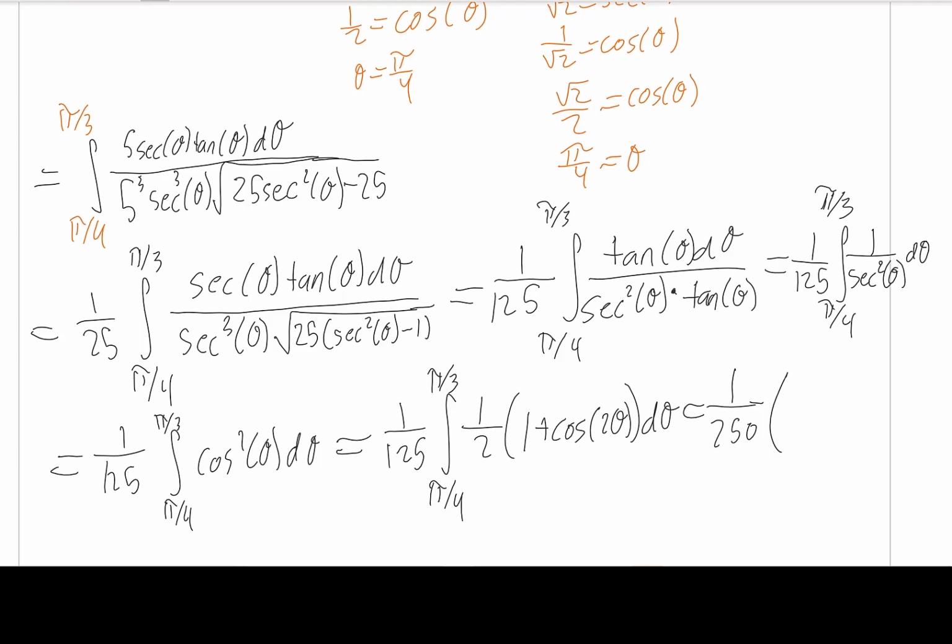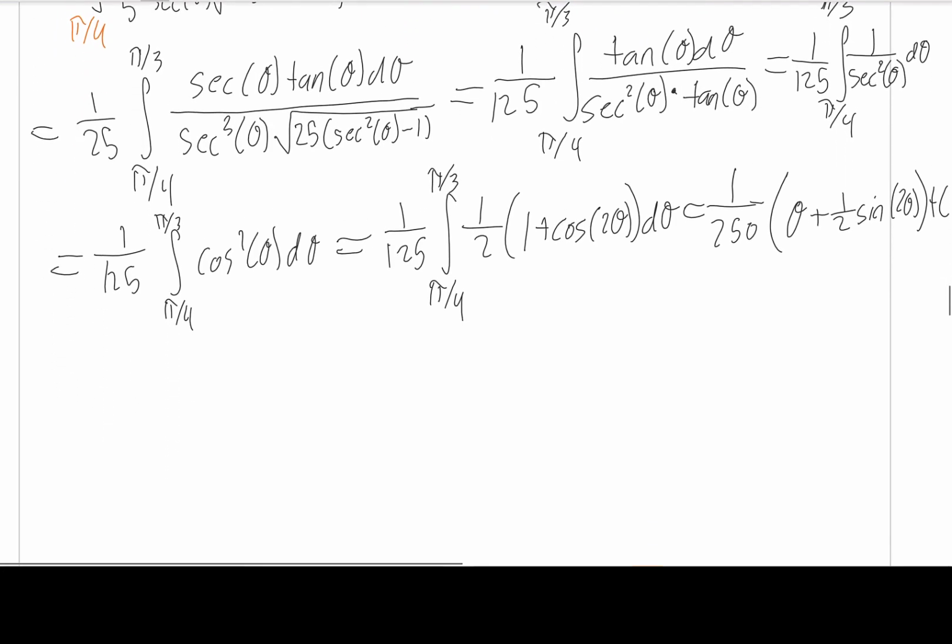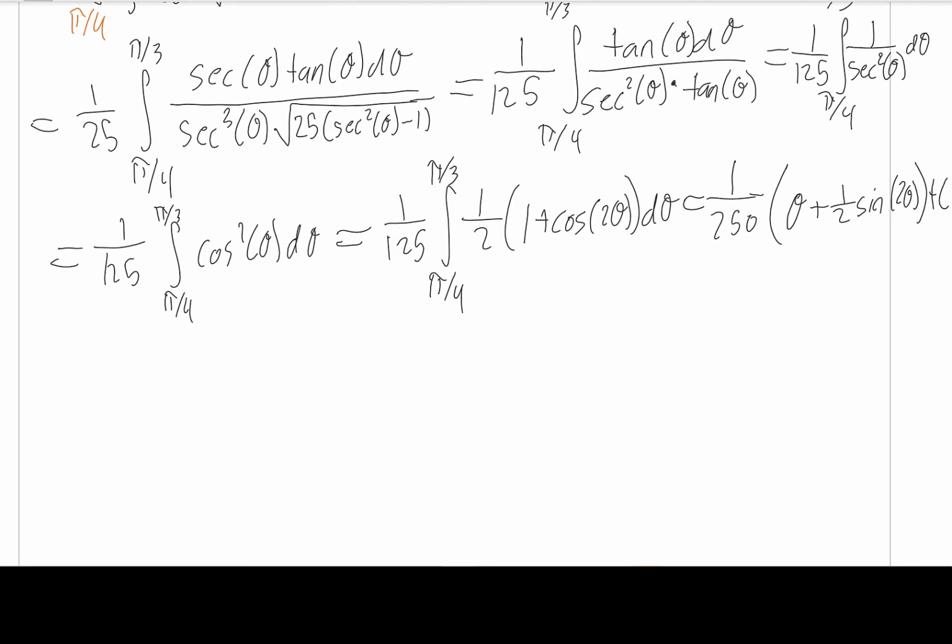So the integral of 1 will give us theta. The integral of cosine 2 theta will give us 1/2 sine 2 theta, and then plus c. Okay, and the thing that I'm missing, so this is a definite integral.